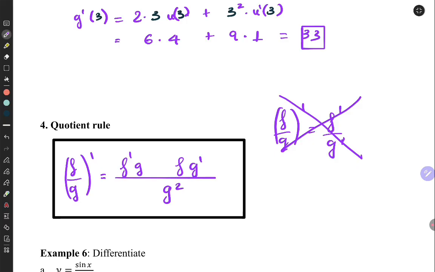Because it's a quotient, you're going to have a subtraction. Product rule, you have this, right? But with the plus sign. Quotient rule, you have exactly like that, but with the minus sign. And then you divide it by the denominator squared. Okay, so when I do the quotient rule, this is the first thing I write down. I bring the denominator over here, I square that first, and then I take care of the numerator later.